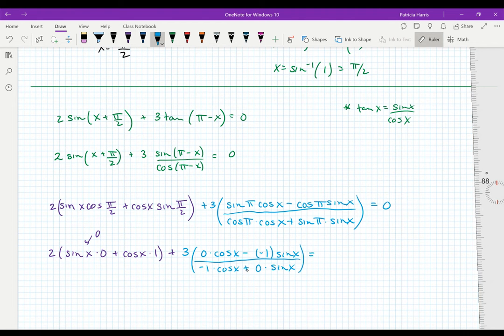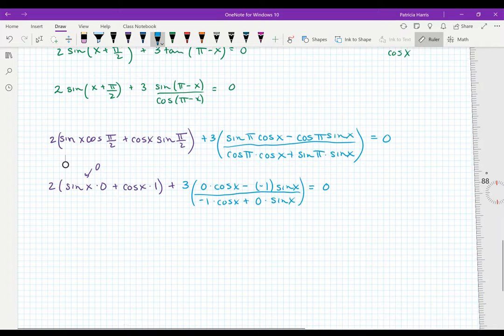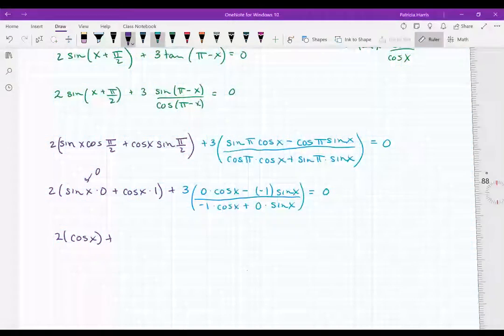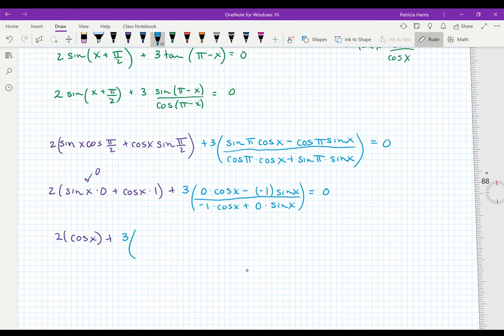Okay, so you'll notice that a lot of stuff is going to 0. Okay, so let's just work it. So this first part just becomes 2 cosine x. The second part becomes sine x over negative cosine x equals 0.